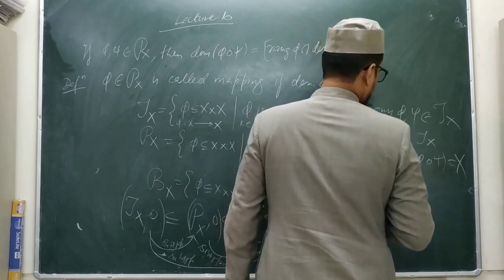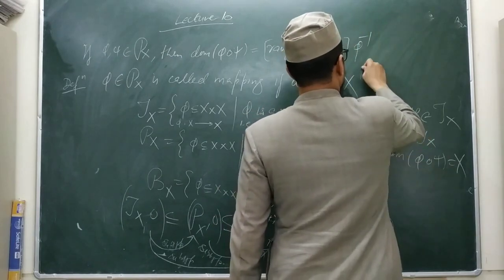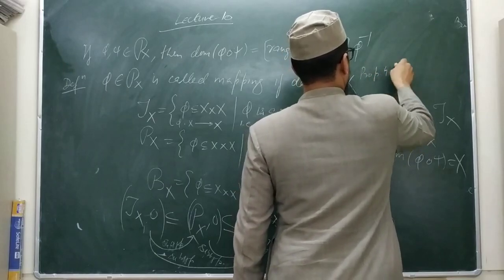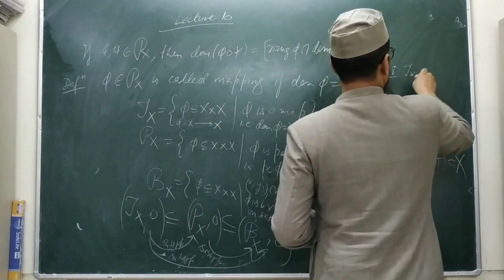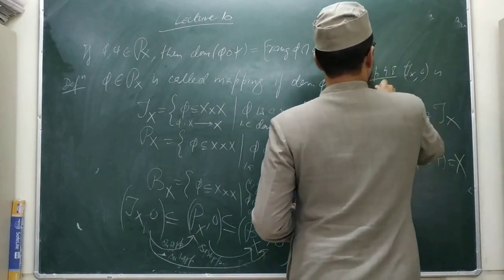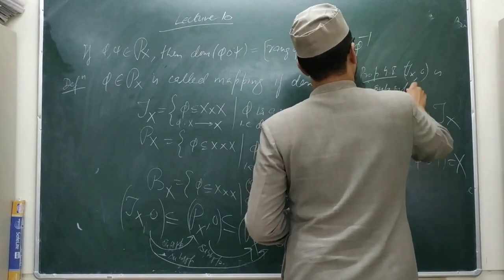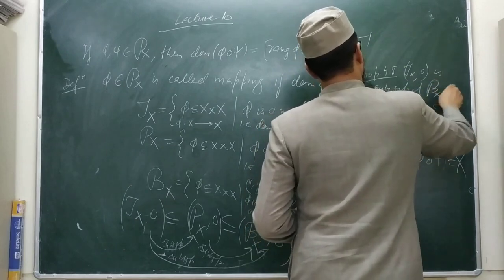Our proposition, I think it is 4.8, that is tau x is a subsemigroup of bx.